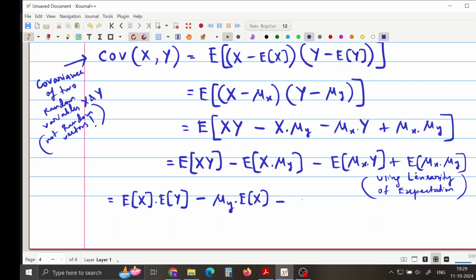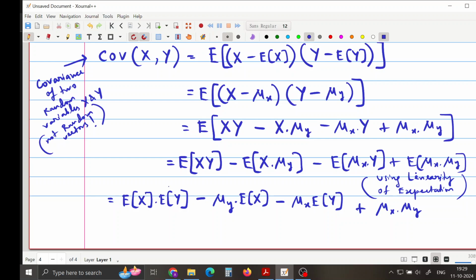For the third term, mu x is a constant, so you can bring that out of expectation. And the fourth term, you see expectation of mu x times mu y. So mu x, mu y are constants, their product is also constant, and expectation of a constant is that constant itself. So this is mu x times mu y. Okay.